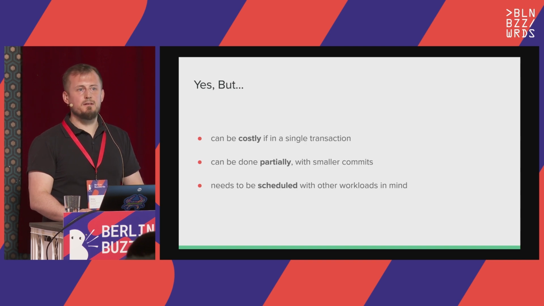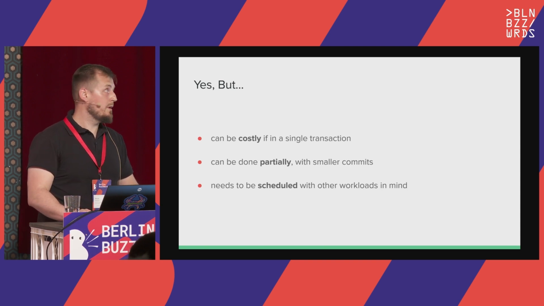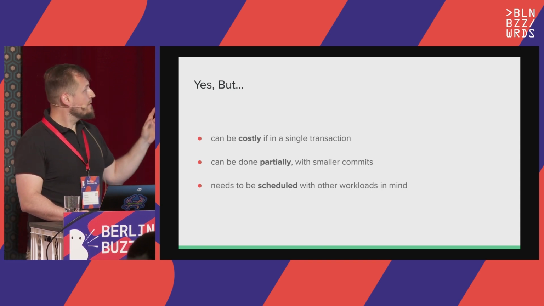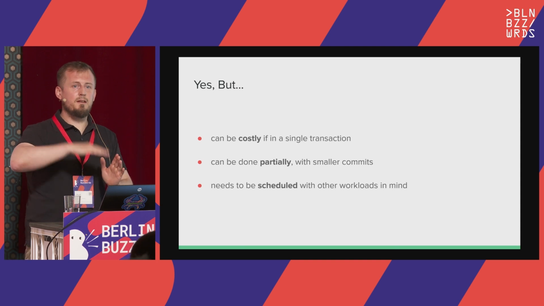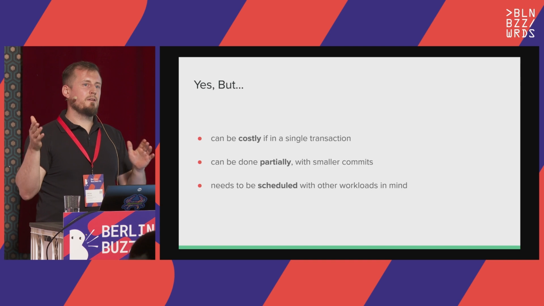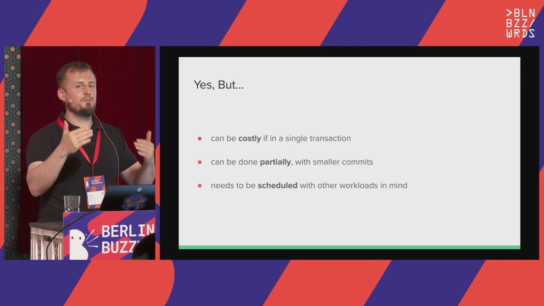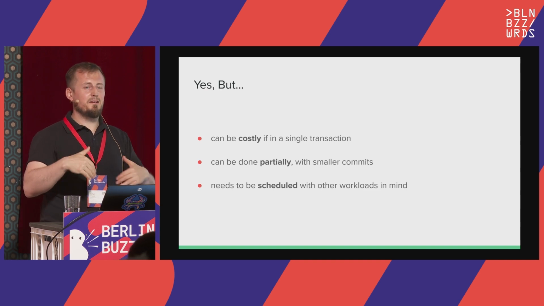And I would say that it has to be scheduled with other workloads in mind. Why? Because while compaction is transactional, so it is just yet another data modification operation, if it interferes with other operations, it may fail. It will be graceful, but you will have to repeat it basically.